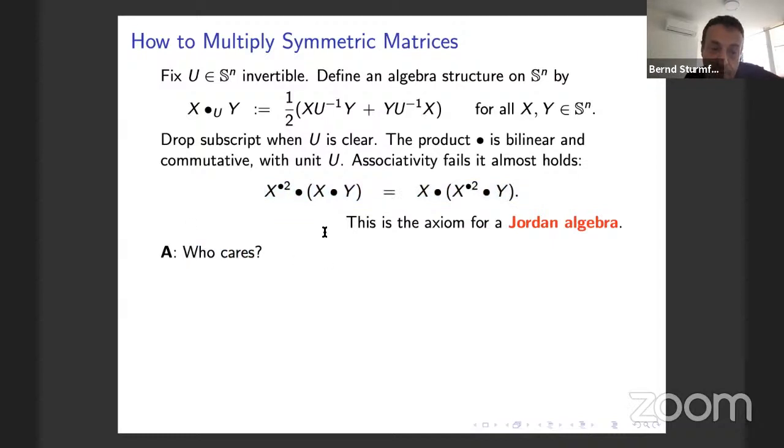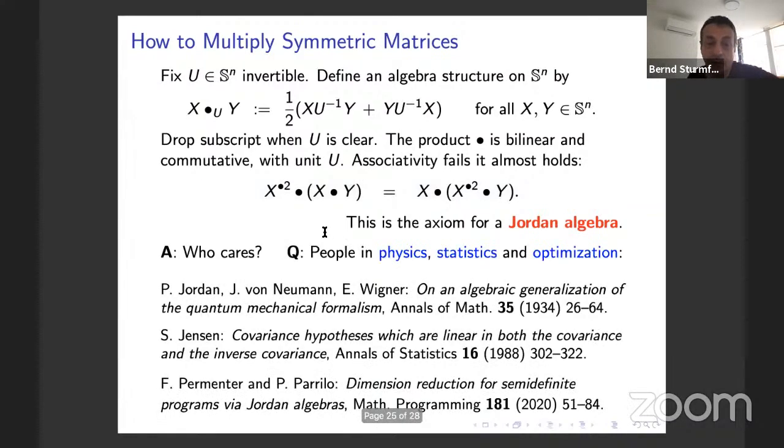Who cares? Who should care about such a weird commutative but not associative product? Well, it turns out people do in physics, in statistics, and in optimization. So this is the paper that introduced Jordan algebras for the first time, by Jordan, von Neumann, and Wigner.